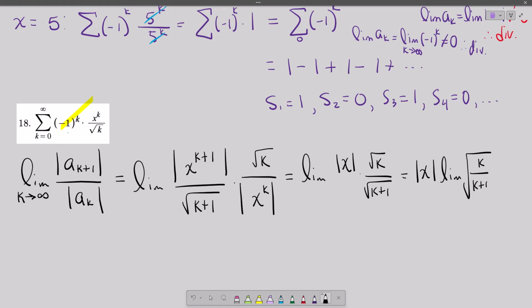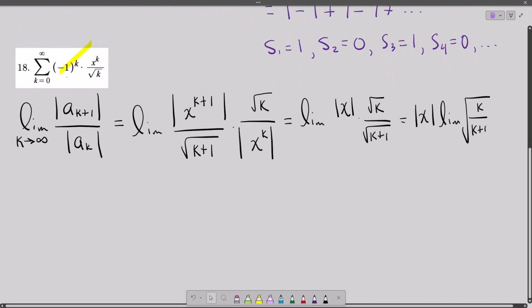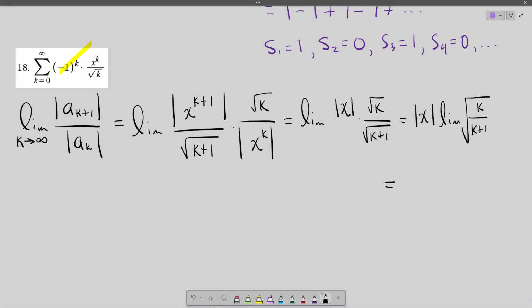And what is the limit of that square root piece of it? 1. So the square root function is continuous, which allows the limit symbol to go to the inside. So the limit goes to the inside. And yes, it's indeterminate.